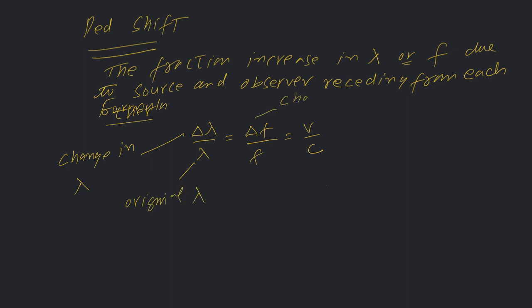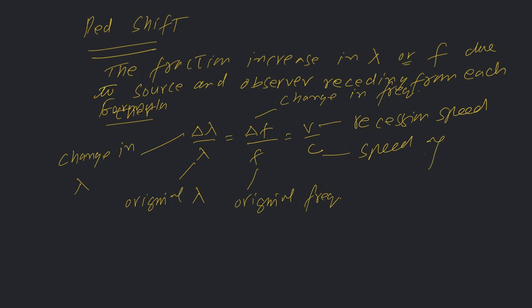Delta f is the change in frequency, and f is the original frequency. v is the recession speed, and c is the speed of light.